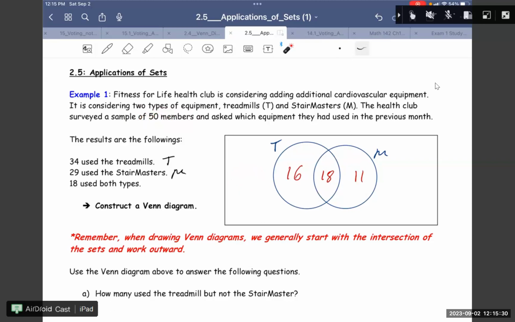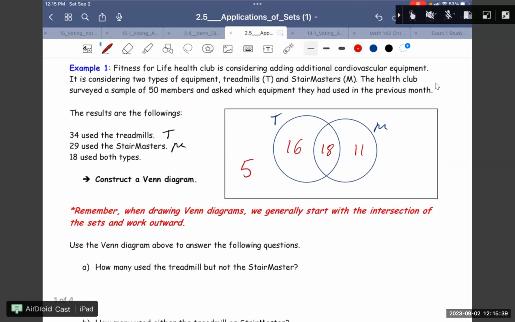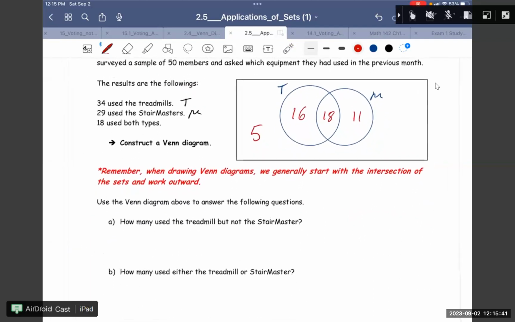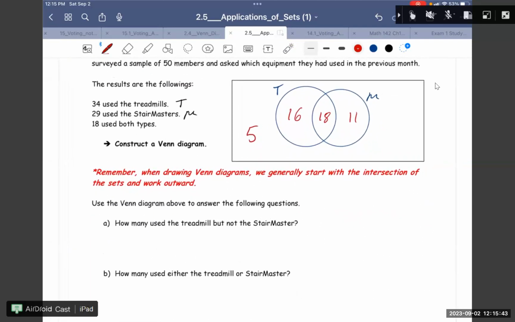Whatever we have left is the members who did not use any equipment. So that's 5 members. Remember, when we draw the Venn diagram, we generate the intersection of the sets. Use the Venn diagram above to answer all the questions.